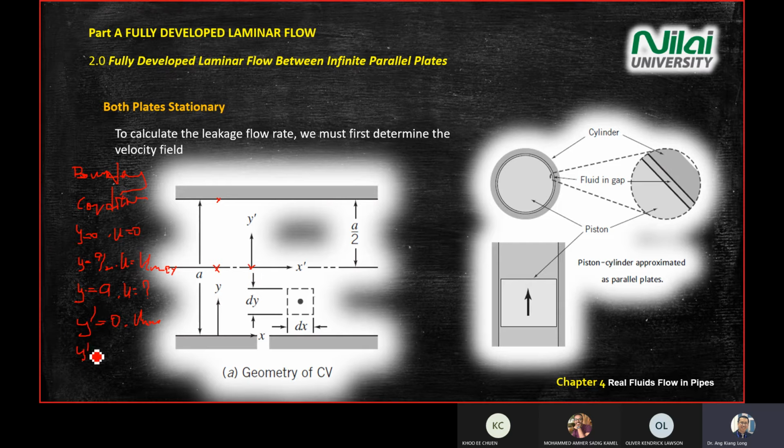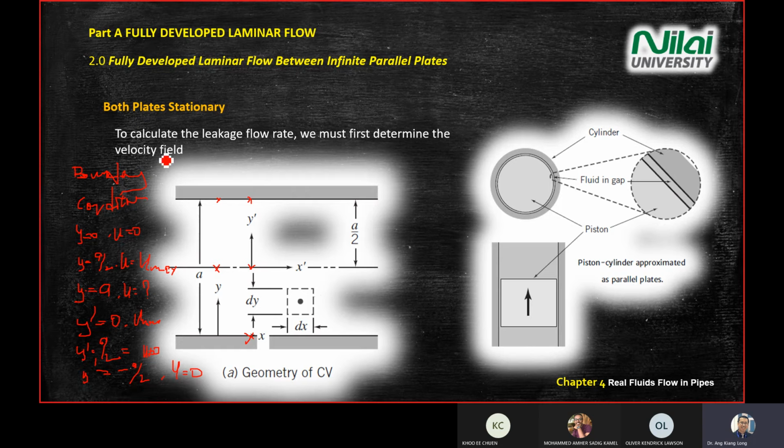When I have y prime equal to a divided by 2, u will be 0 because it has reached the wall. When I want to refer to the plate at the bottom, I will use y prime equal to negative a divided by 2 because I go down, and I will get u equal 0.